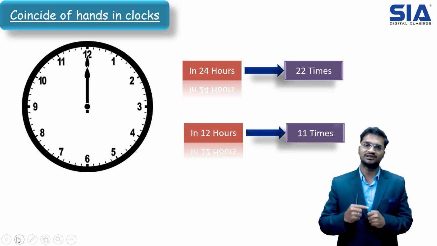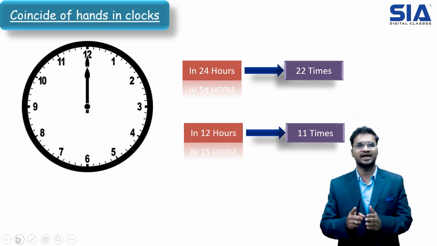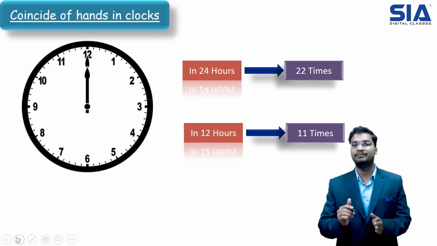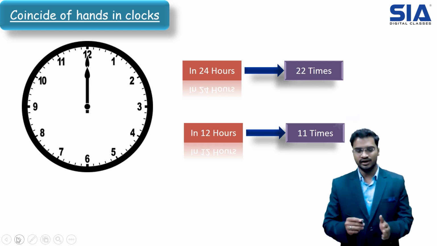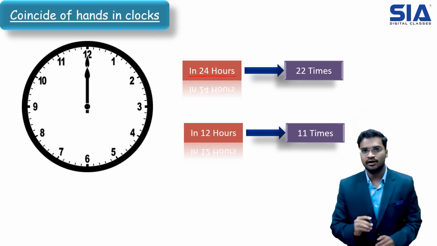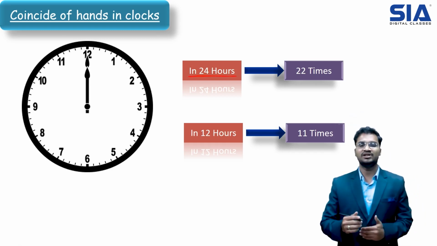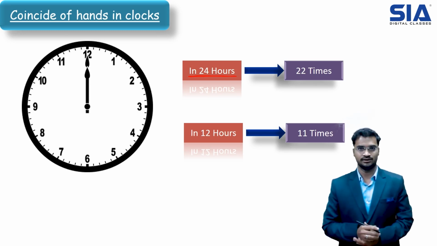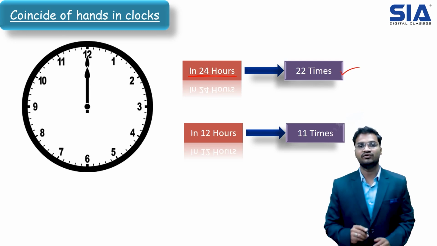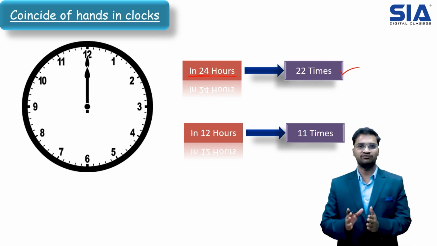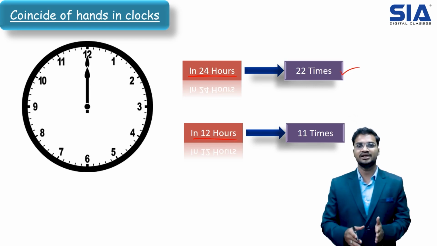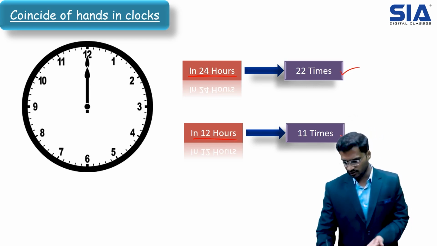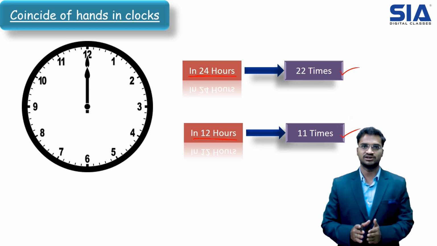In our question, a basic question will be asked on this topic: in a day, or in 24 hours, how many times will the hours hand and minutes hand coincide? They will coincide 22 times. And in the same way, in half a day, or 12 hours, they will coincide 11 times.